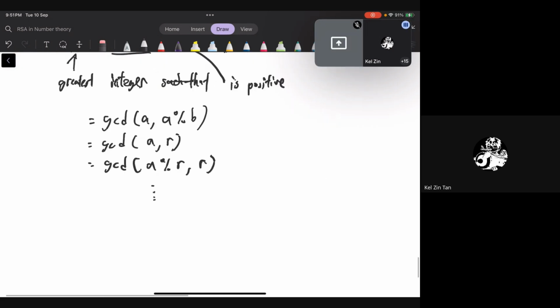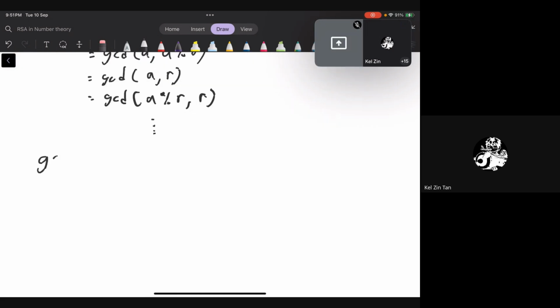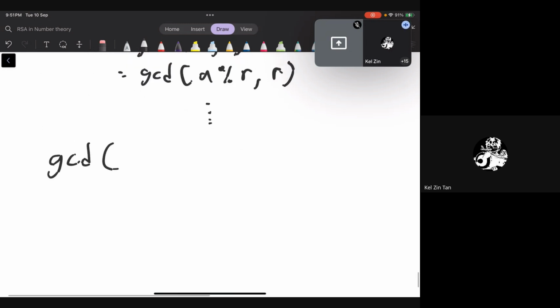So maybe illustrate it with an example. GCD of 320 and 210 maybe. So you do this by taking the difference. So you do modulo, but modulo here is basically just the difference.